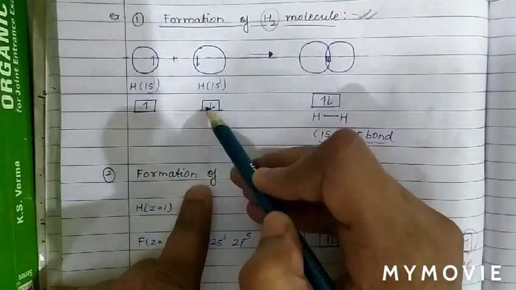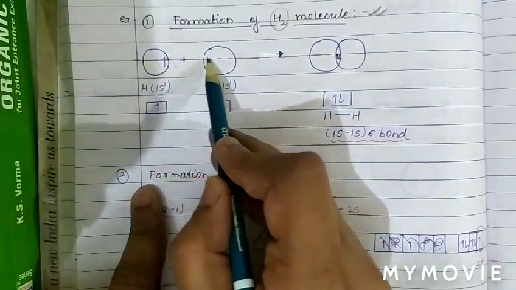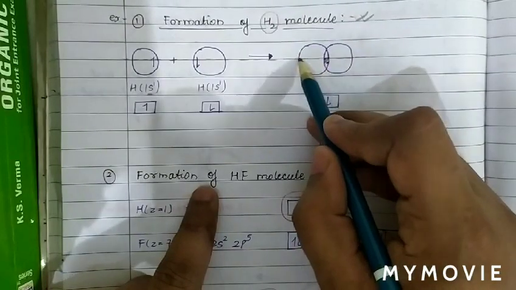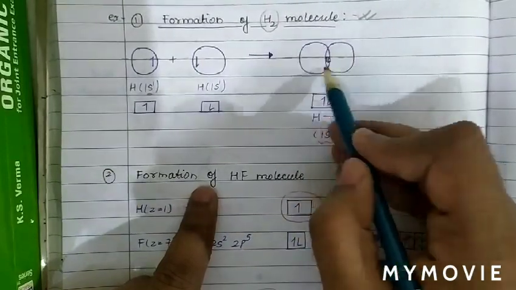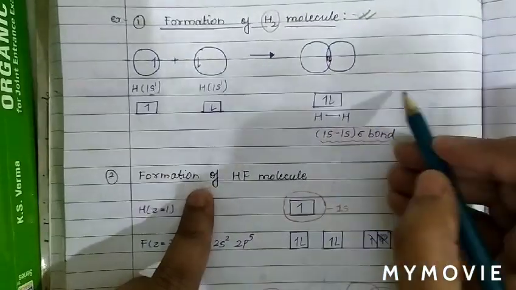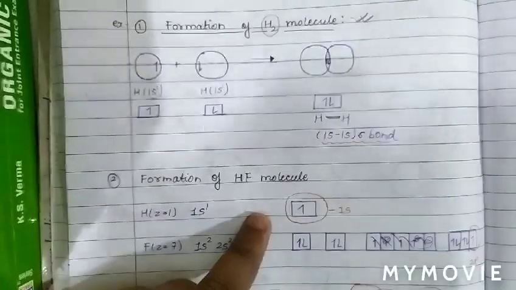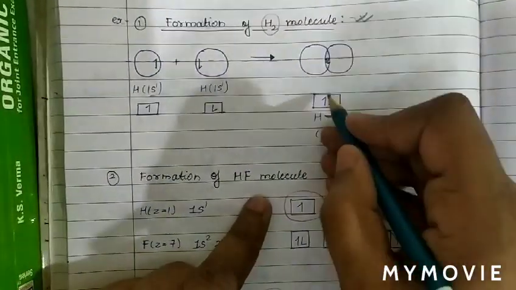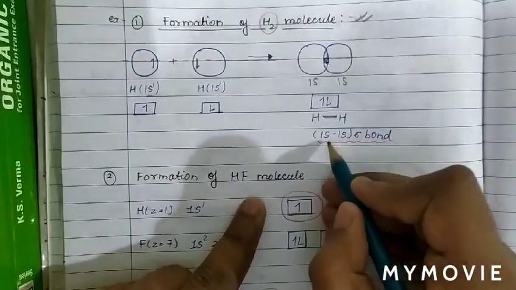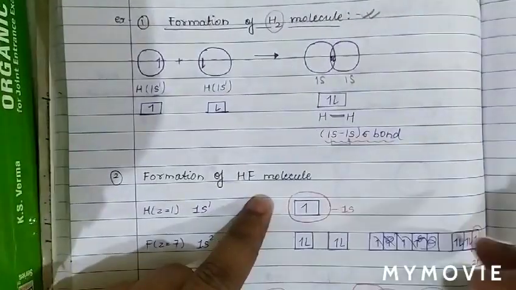So two orbitals having unpaired electrons with opposite spin, and this is the internuclear axis passing through the nuclei of these two atoms. Overlapping takes place, and the overlapping between two s orbitals is head-on overlapping. This is the region of overlapping, and the bond formed between hydrogen and hydrogen is a sigma bond. So basically sigma bond is formed between 1s and 1s orbital.